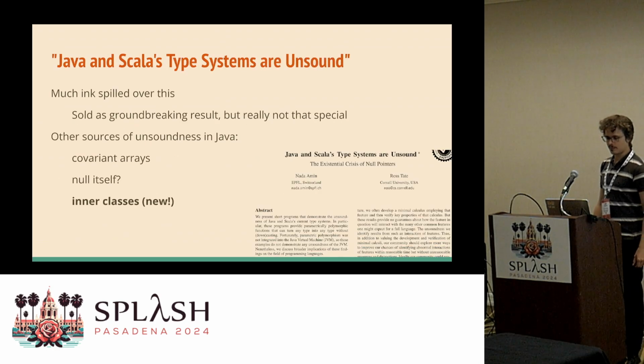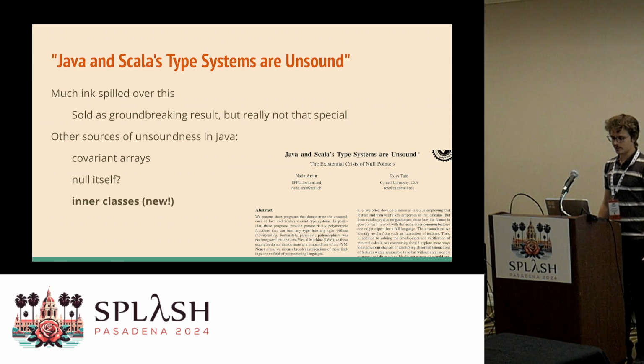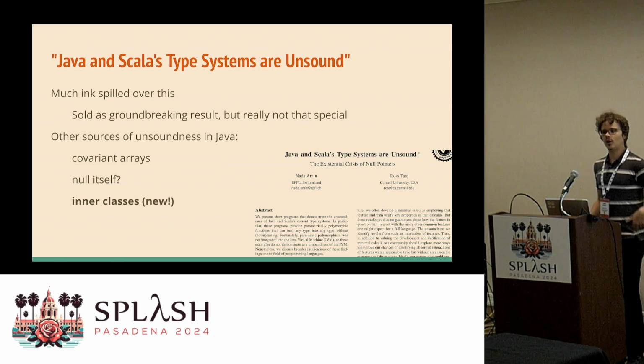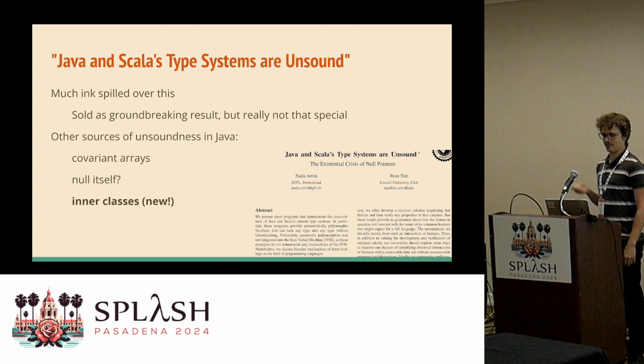And so when this paper came out, Scala and Java's type systems are unsound, it generated a lot of talk, and it was kind of sold as a very bad result, like, oh, we found out Java and Scala's type systems are unsound, they're worthless, right? And a lot of people have used this to criticize Scala, for example, to discount it.